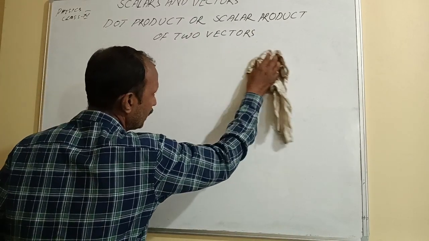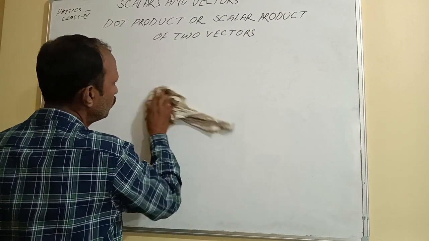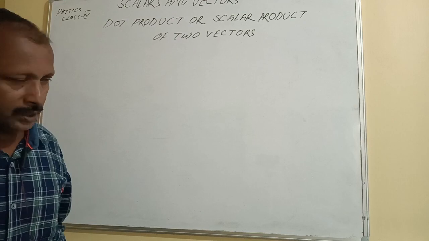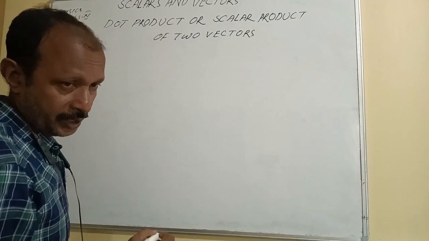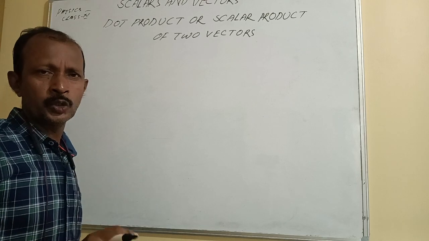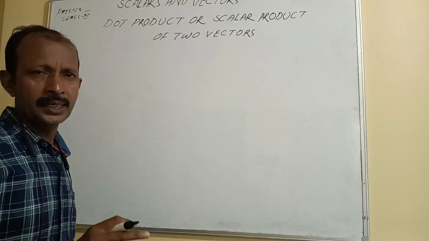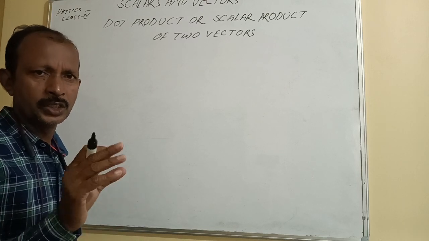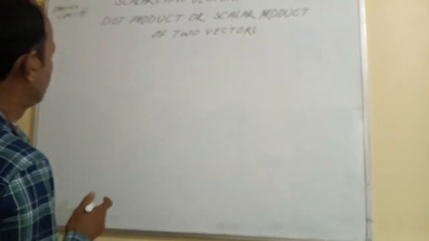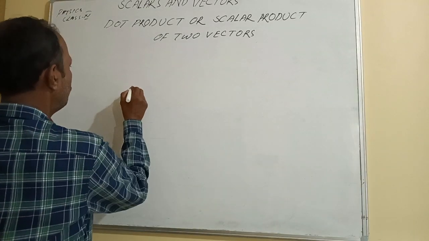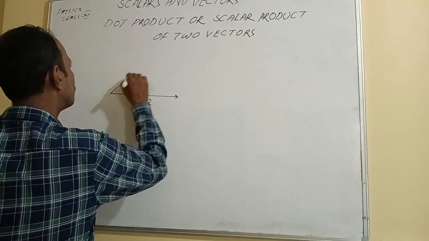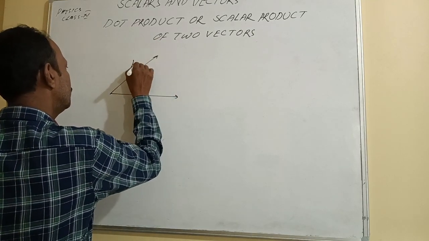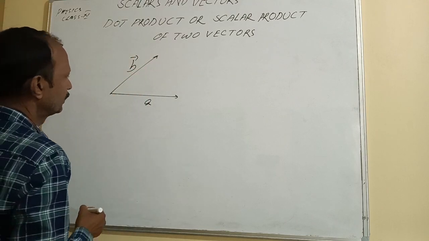Suppose A and B are the two vectors. Let us see here. So I can say that if the product of two vectors is a scalar, then the product is the dot product. Okay? See here. Suppose this is the vector A, this is vector B.